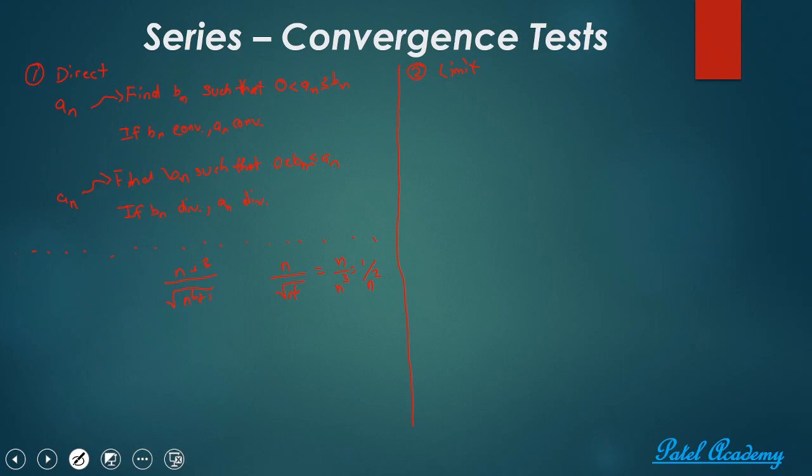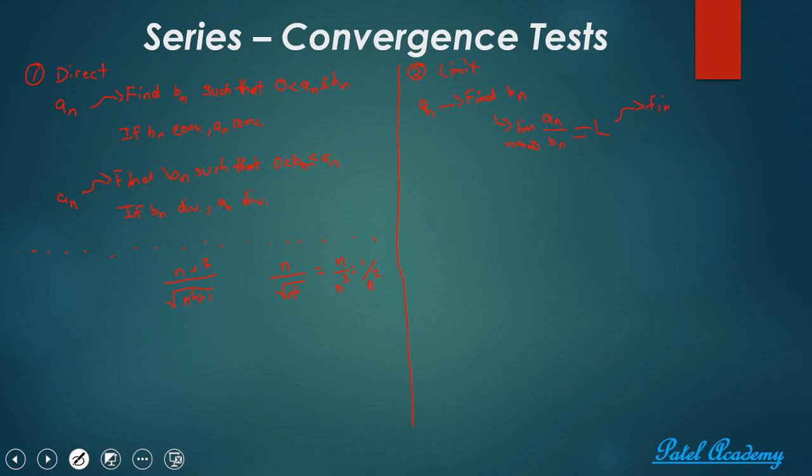So the limit comparison test says that given an a at n, find some b at n. Now this one doesn't necessarily have to have any restrictions. This one is just find b at n, and if the limit as n approaches infinity of a at n over b at n is equal to a constant L, so it's not infinity and it's not 0, it has to be finite.